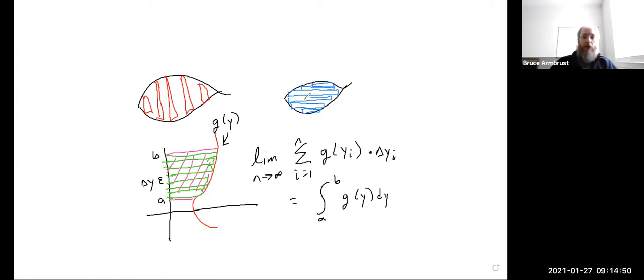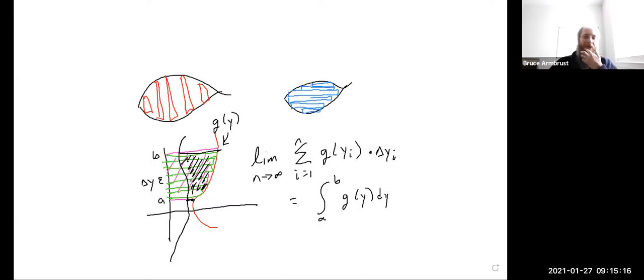If we want to go to areas between curves, looking at it sideways, it's still going to be a subtraction like we did before. But now it's not top minus bottom, because that doesn't make sense. Let's put another function in here. Let's say we're looking at just this area.